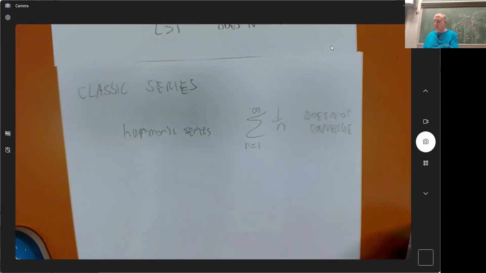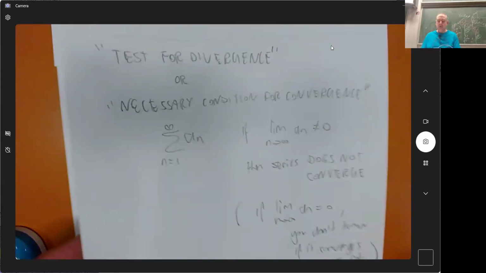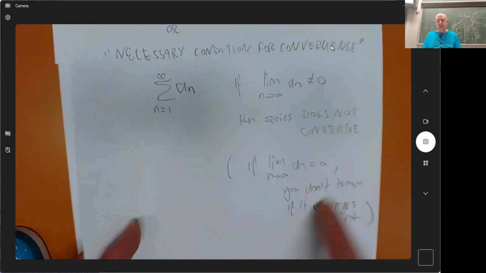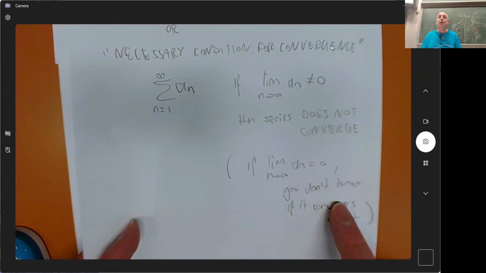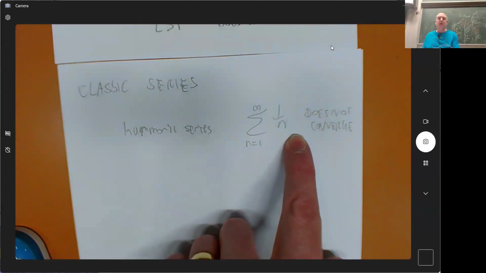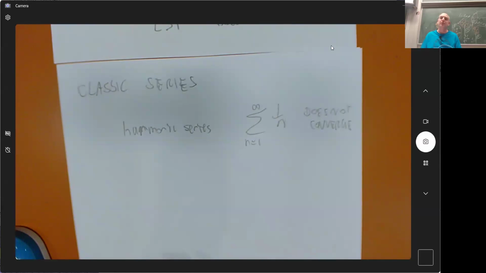So this is the classic answer to why the test says if the limit of the individual terms doesn't go to zero, you don't know: in the harmonic series the terms go to zero, but it still doesn't converge. Even though you're adding a smaller fraction every time, you can get it to be as big as you want. It just takes a long, long time.